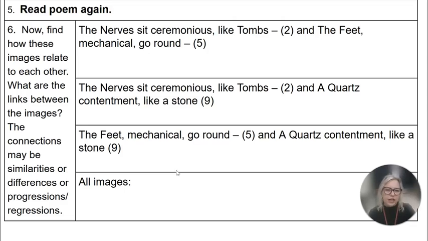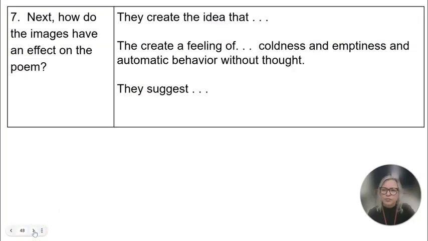Back to that unfeeling, unthinking aspect. And then how are all three images connected? I might mention those same things that I've said, because I think in all three we see a stillness, or at least a lack of action with thought, and a kind of cold sense in all three.